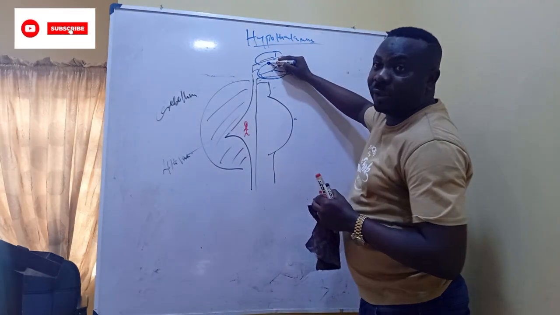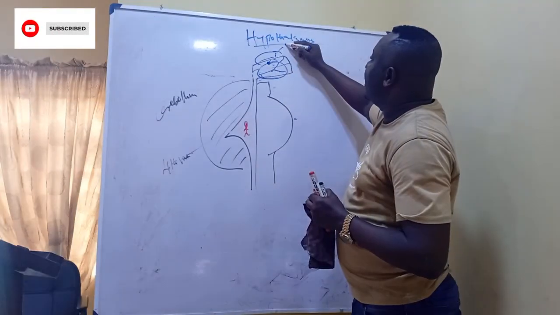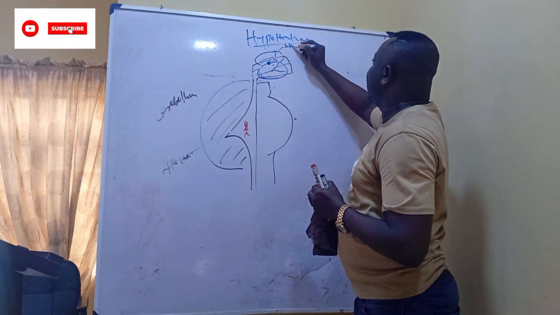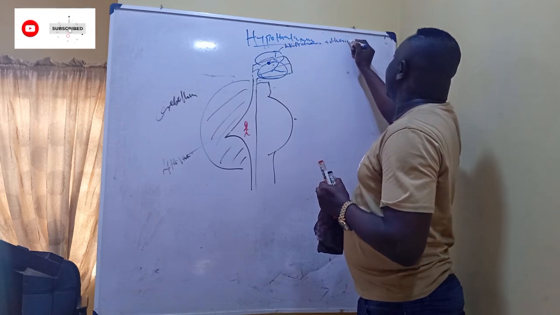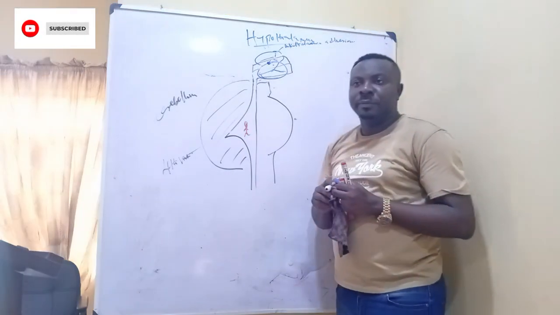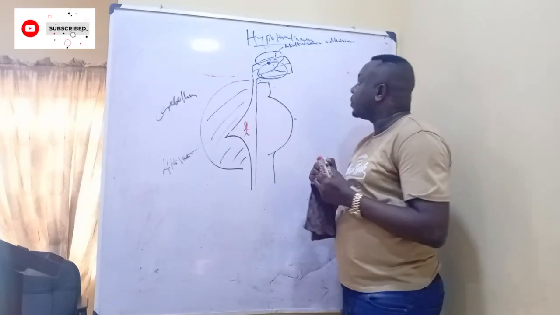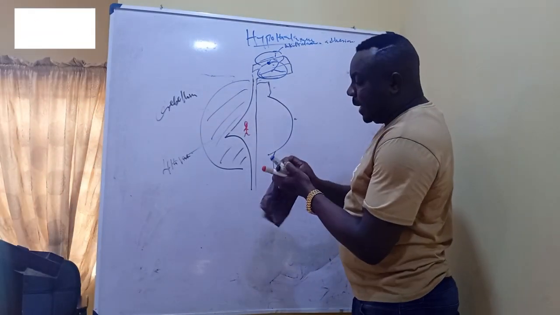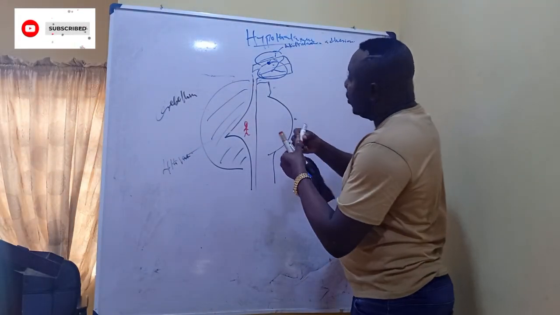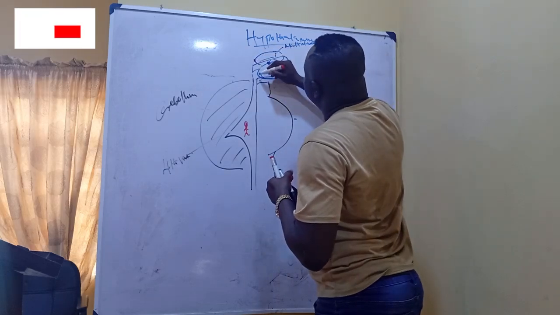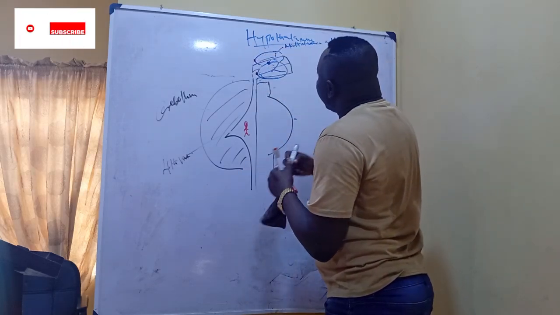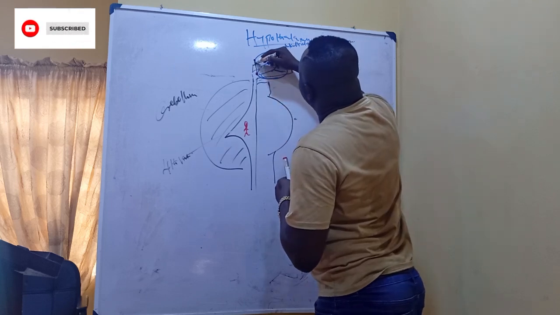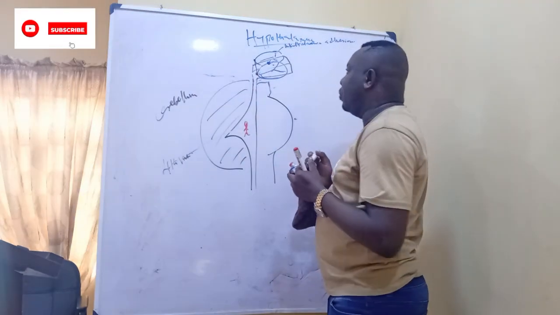This connection is called the interthalamic adhesion. Now, behind the thalamus, we have the habenula. And the connection between both of them is called the habenular commissure.